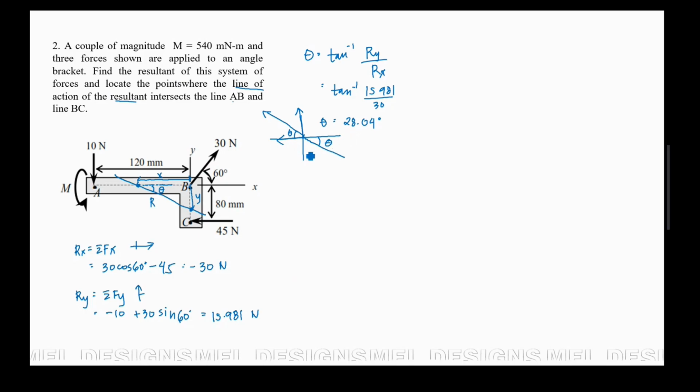Yan. So, theta. Of course, ito na rin yung magiging theta natin. Okay? So, our next step here is to apply the moment of the resultant at point B. Magmo-moment tayo dito sa point B. Moment of the resultant at point B, okay, which is equal to the summation of moment at point B.